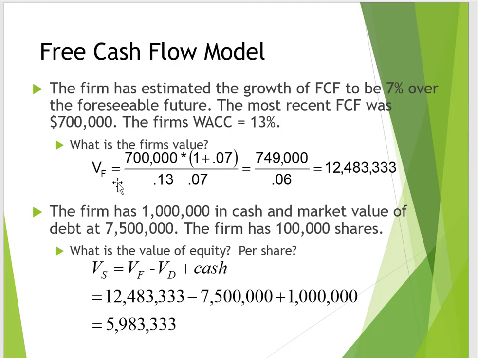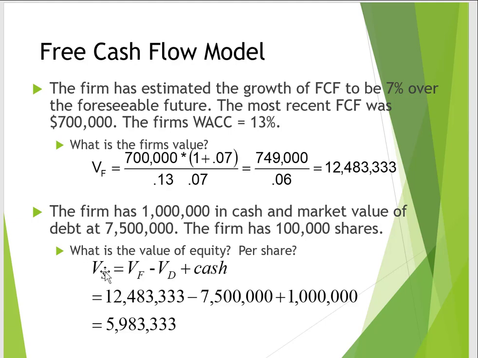If we plug that into our formula, we'll find that the value of the company is $12.5 million. Now, this company has $1 million in cash. The market value of its debt is $7.5 million, and they have 100,000 shares. So what is the value of equity?